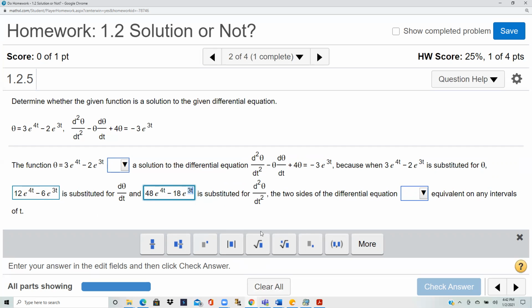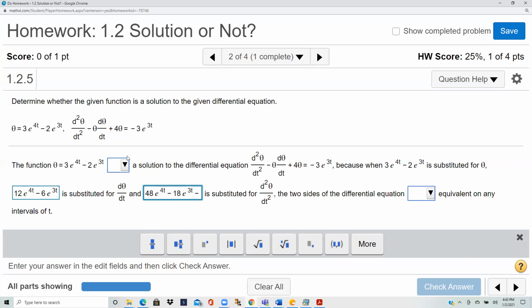Now let's see what happens when we make the substitution. So we have these two, and then we have theta also going on. Let's do the steps over here, and I'm going to erase it afterwards. So minus theta times d theta by dt. Theta is 3e^4t minus 2e^3t, so you're going to subtract it.